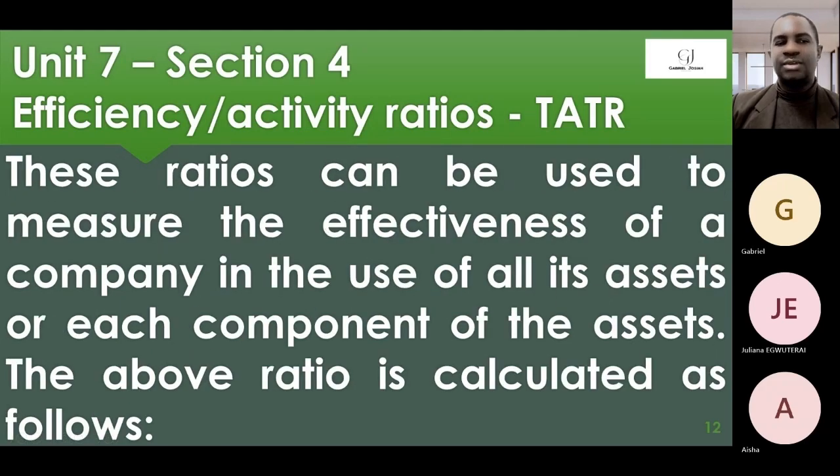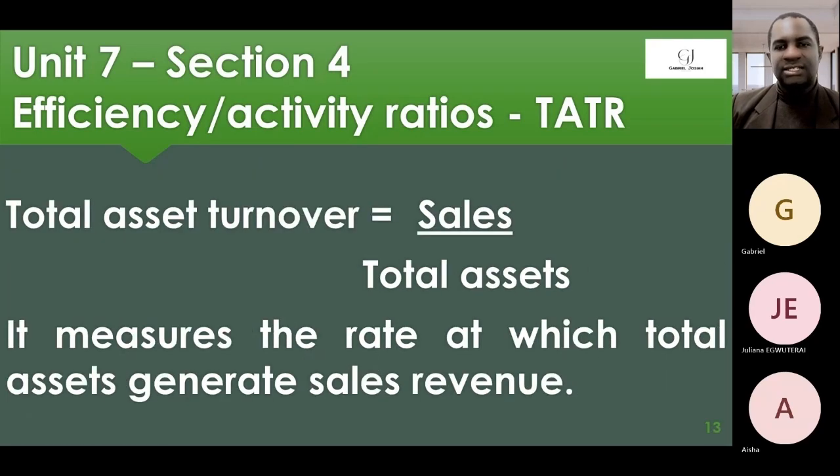So this ratio can be used to measure the effectiveness of a company with the components we are going to be looking at, and the ratio is calculated as follows. Total assets turnover: we're looking at the sales as the numerator, and the total assets as the denominator. This measures the rate at which total assets generate sales revenue.